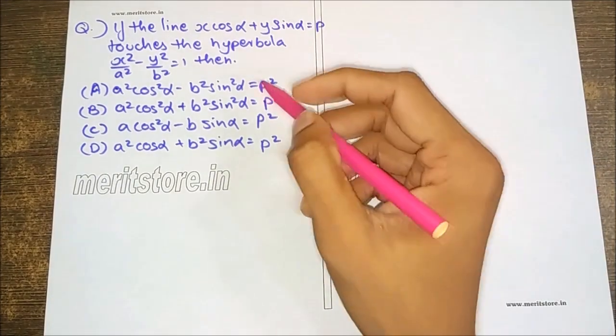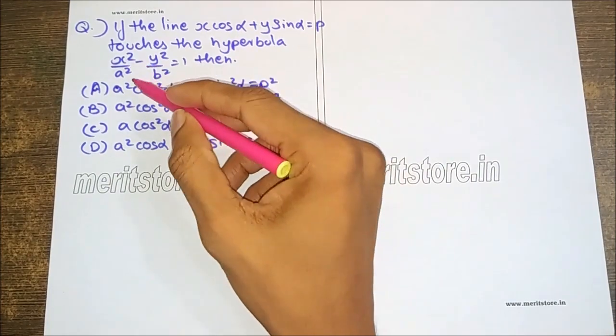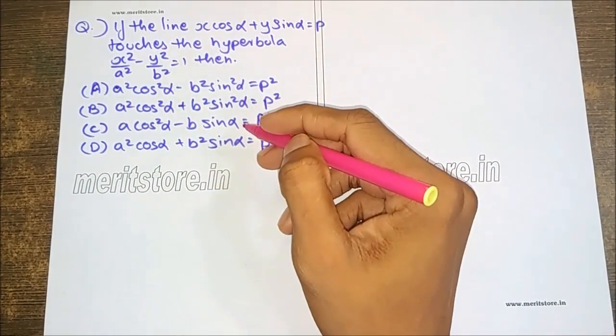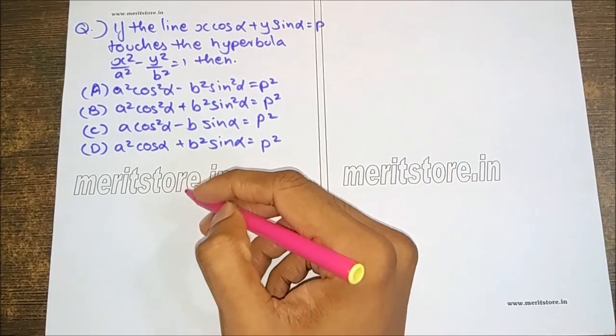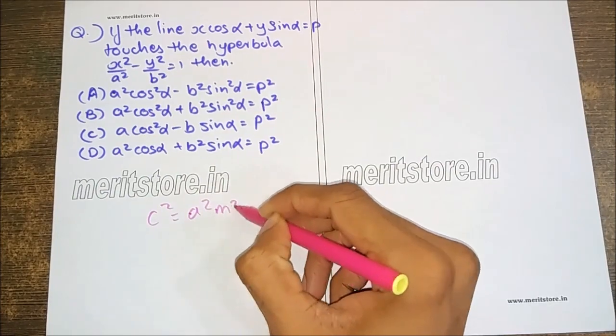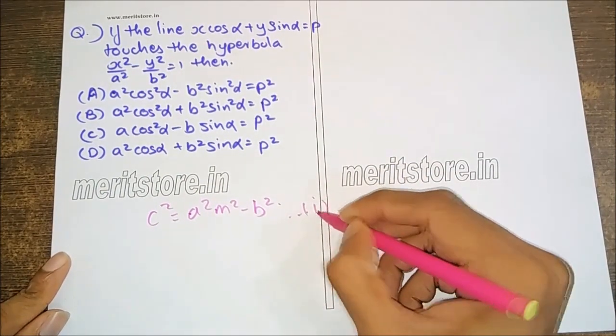The line x cos α + y sin α = p touches the hyperbola x²/a² − y²/b² = 1. Then four options are given over here. We know the condition of tangency is c² = a²m² − b². Let this be equation 1.